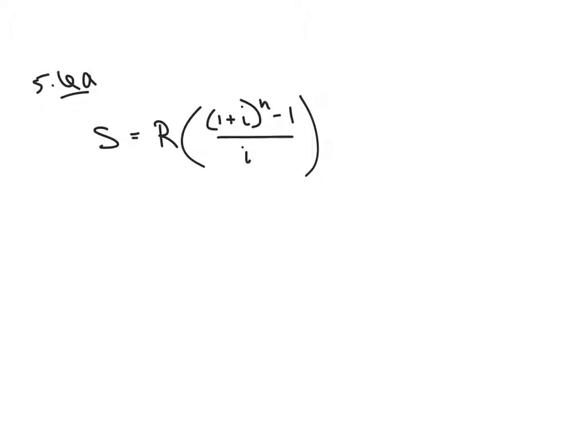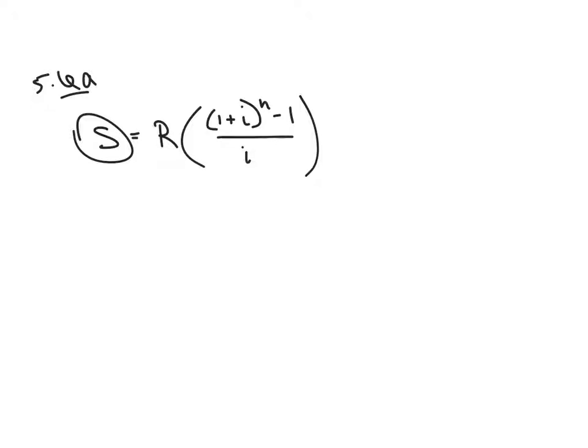So for N periods, which is going to be a certain number, that will give you S. And S basically stands for your future value.